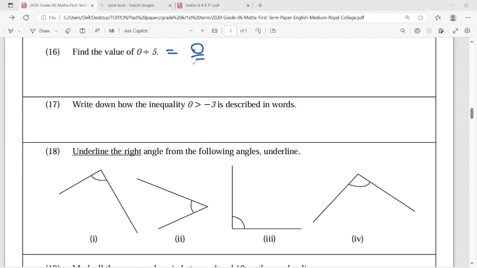So answer is 0. And also, if you multiply any number by 0, maybe you multiply 1000 by 0, the answer is still 0. If you multiply 2152 by 0, then the answer is also 0. So if you multiply anything by 0, the answer is 0, right?